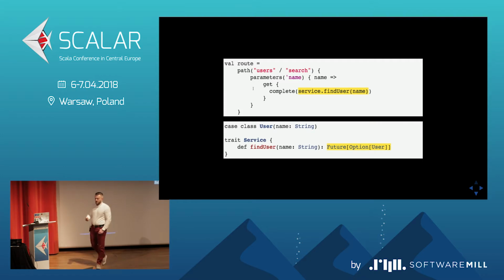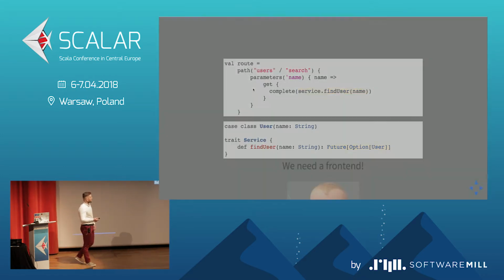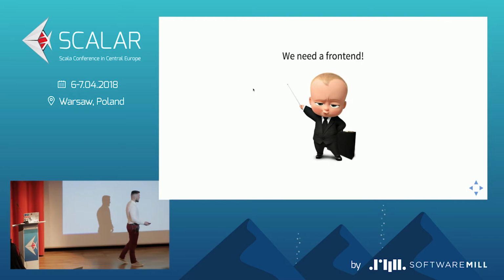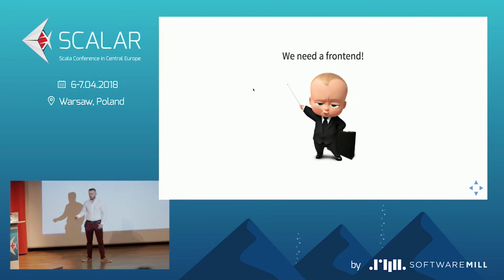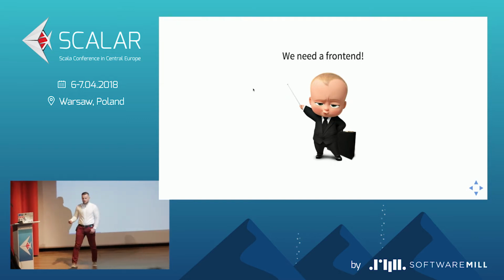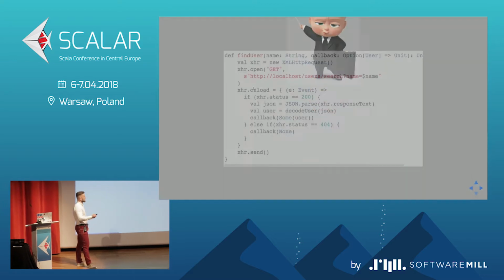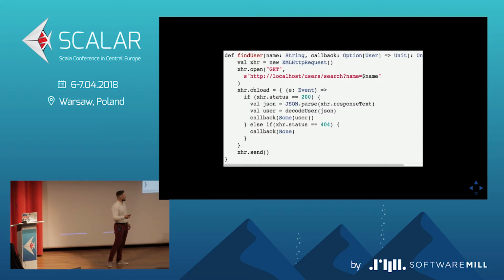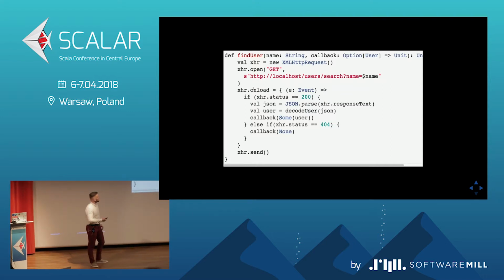Nothing really interesting here. But then, when you think it's done, the boss comes again and says, we need the front end. So you start again. Luckily enough, you don't have to write it in pure JavaScript. You can use Scala.js. But you're still bound by JavaScript internals, so you write a client using XML HTTP request.